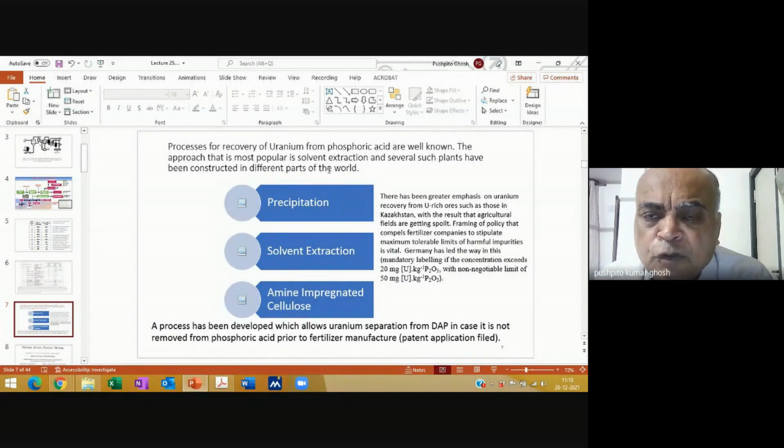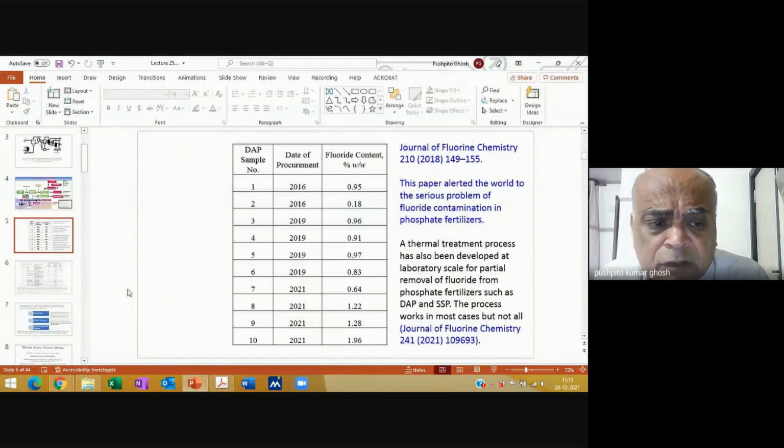Now, just like in the case of the fluorine, what happened is, people found that it's easier to produce HF from calcium fluoride, and nobody was putting a leash on them and preventing that from happening. So here again, the guys who are into nuclear energy, they have been merrily importing uranium-rich ore from Kazakhstan and producing the uranium required for nuclear power, and letting all this uranium go into the field.